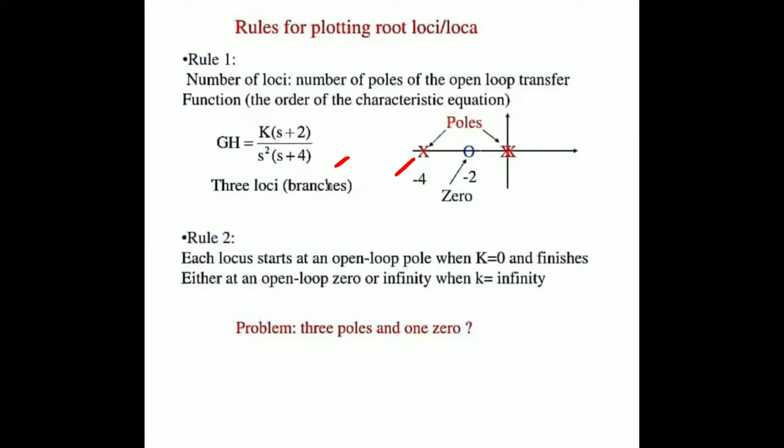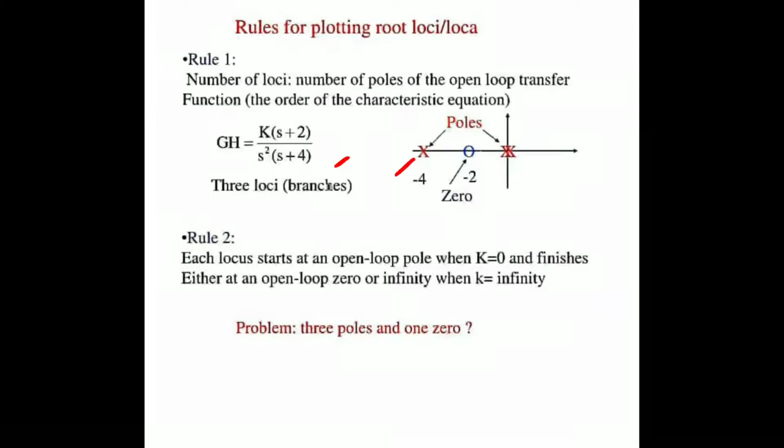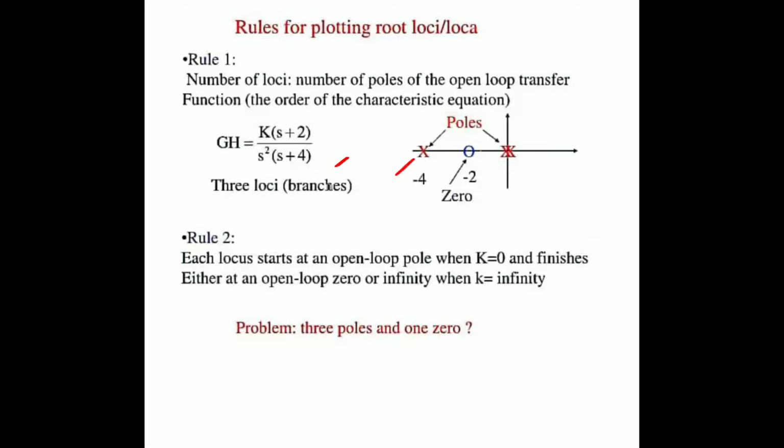Next rule is where the root locus branches start and where the root locus branches terminate or end. Root locus branches always start from the open loop poles. So there is a pole at origin, so the branch of the root locus starts at 0. Root locus branches always terminate at open loop zeros or at infinity.